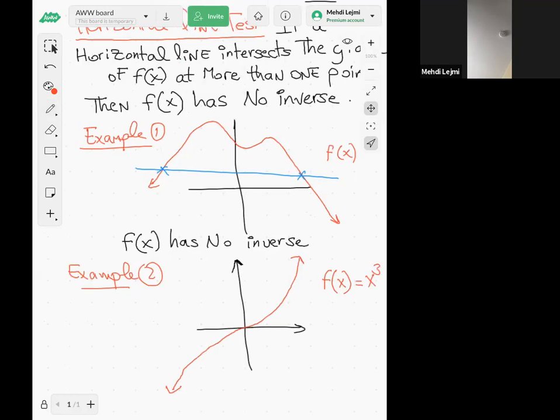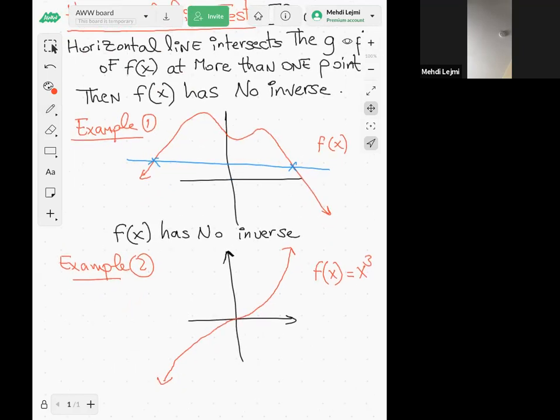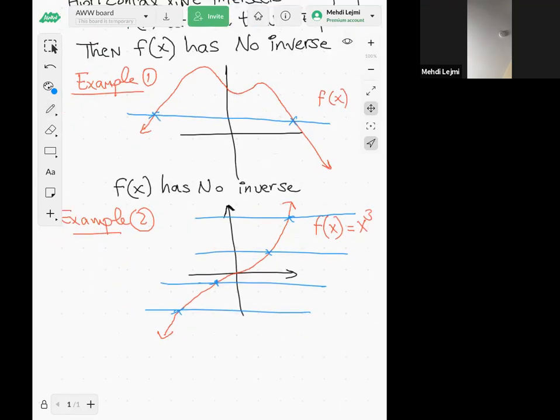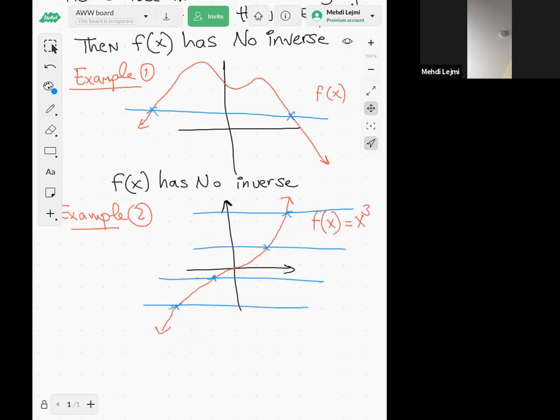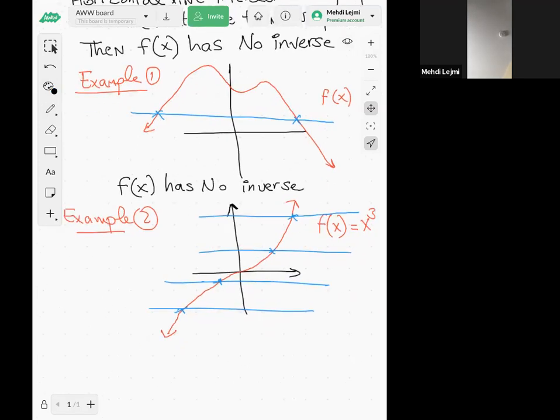For the graph of x cubed, you can see if you take any horizontal line, like this line here, or this one, etc., all the horizontal lines are going to intersect the graph at exactly 1 point, right? So then your function f has an inverse. So this x cubed actually has an inverse.